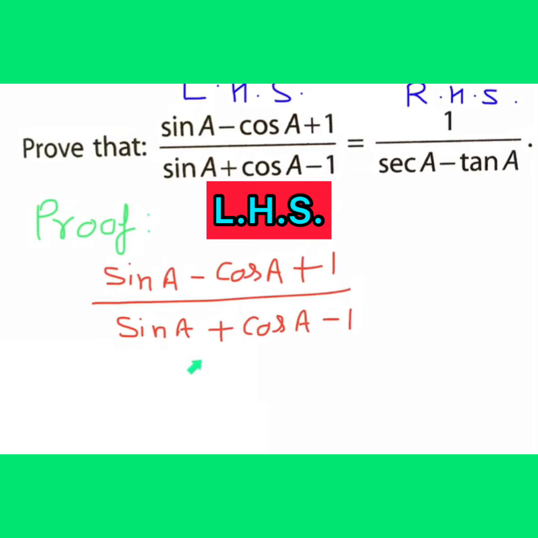tan A. So how can we convert this sin and cos into sec and tan A? Yes dear, it is very simple to understand. To find here sec A and tan A, if we divide numerator and denominator both by cos A, then we will get the requirement.